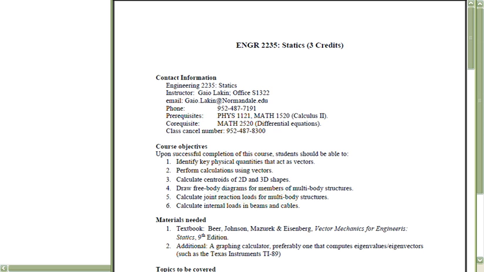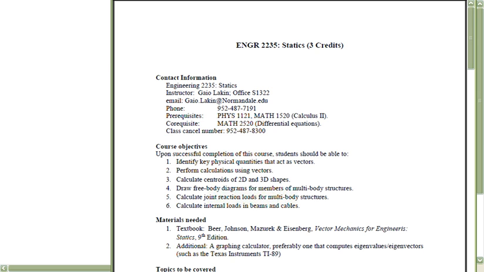But other than that, the calculus requirement is just for mathematical comfort. The level of the math is going to be really simple, but you're going to need to be comfortable with it. Really, the only math that you're going to use this whole semester is vector manipulations.